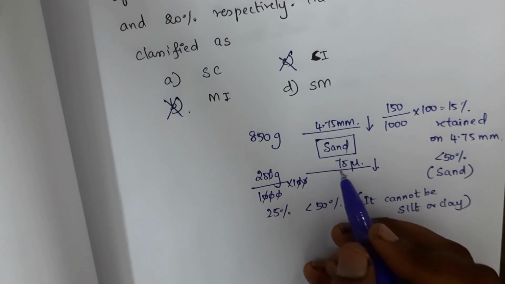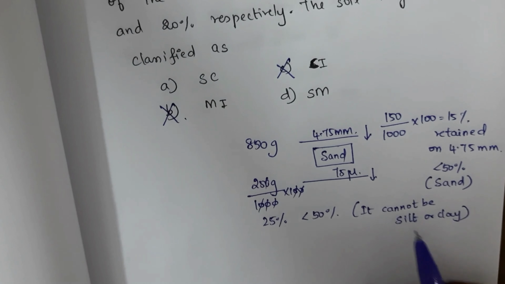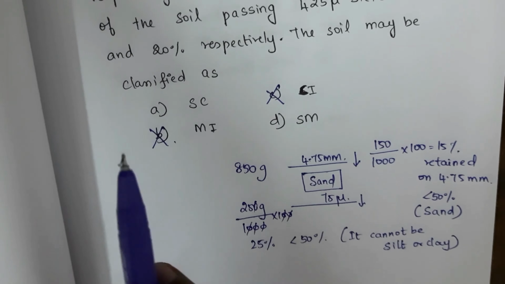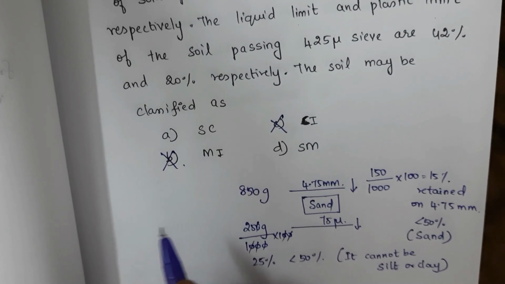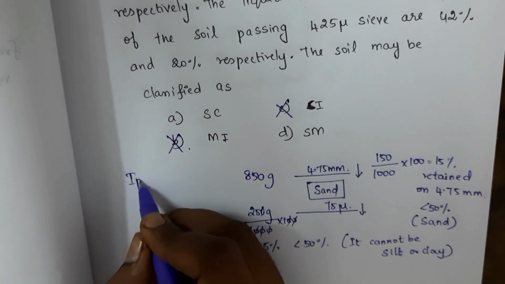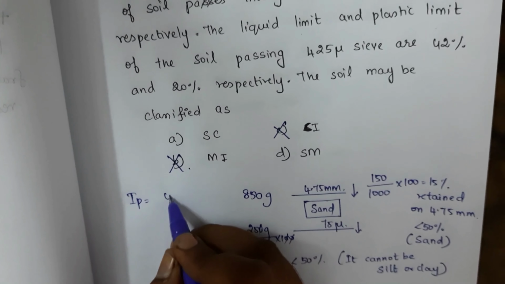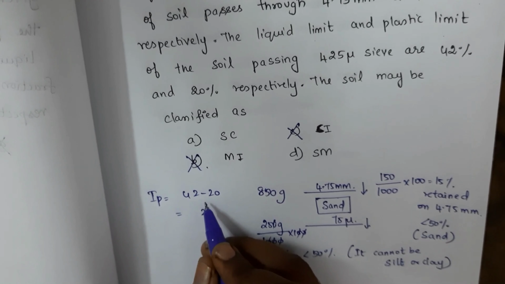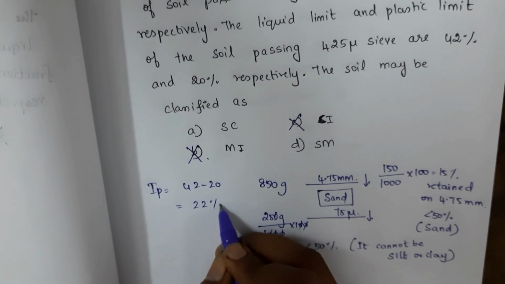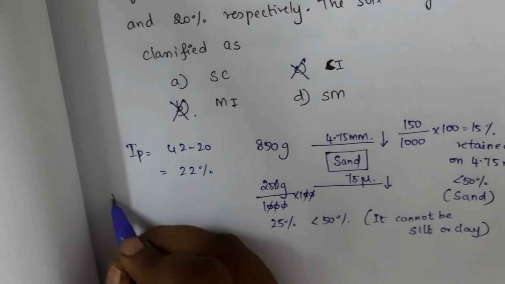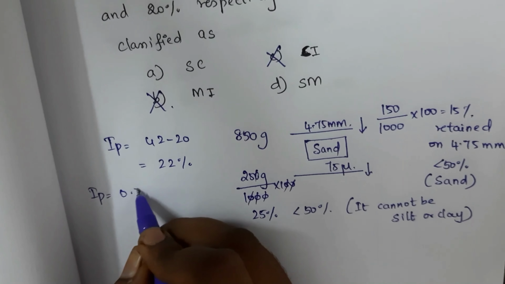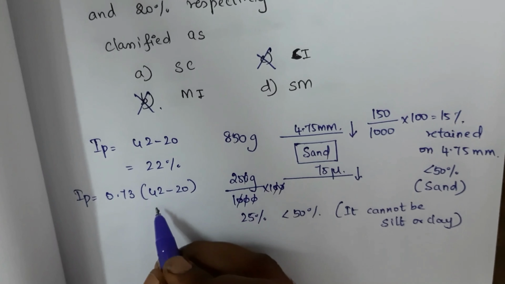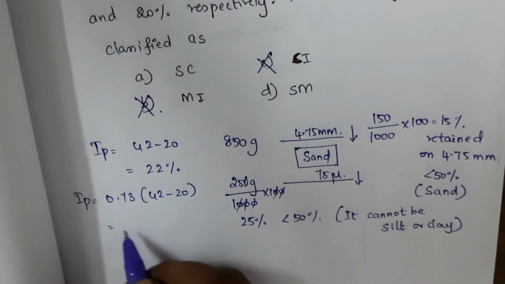Now we have to determine whether it is silty sand or clayey sand. To determine it, we have to draw the plasticity chart. But to make it very simpler, let's first find the value of IP. IP is 42 minus 20, that is 22%, and by the equation we have 0.73 into LL minus 20%, that is 0.73 into 42 minus 20.